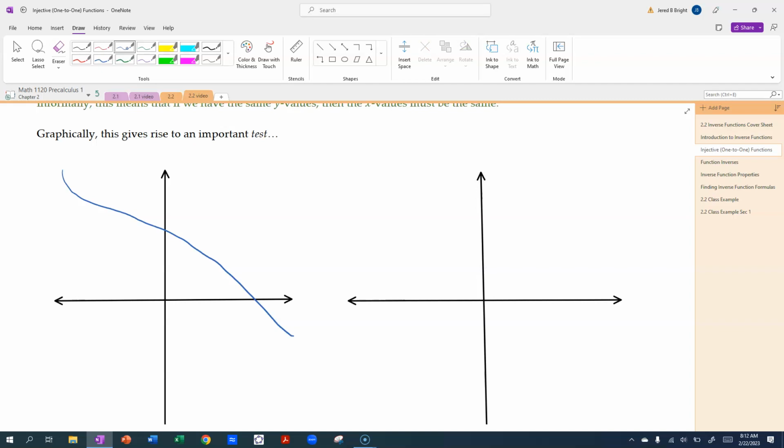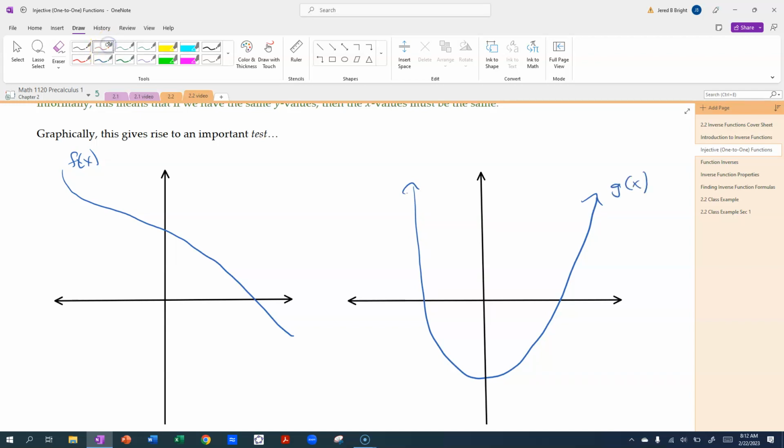I'm going to call this f of x. And then I'm going to do another one, in blue. Something like this. We've seen these functions perhaps in our past. Call this g of x.